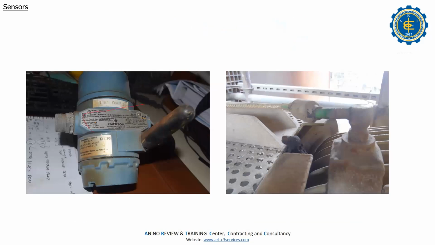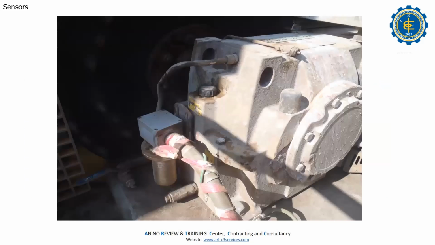So this is the transmitter of the wireless immersion. We use immersion. So this is the right side. This is the accelerometer. This is the motor. See? So this is the gearbox. I don't know what the name of this one is, I cannot see.